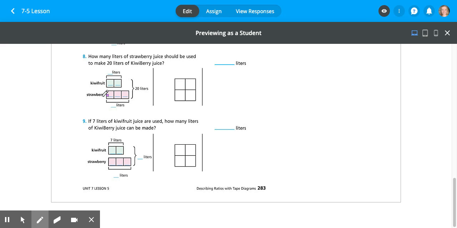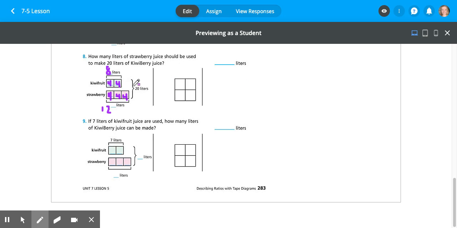So we have a total of 5 parts. 20 divided by 5 is going to be 4. So we'll have 4, 4, 4, 4, and 4. So there are going to be 8 liters of kiwi fruit juice and 12 liters of strawberry juice. So now we're going to plug that into our factor puzzle.